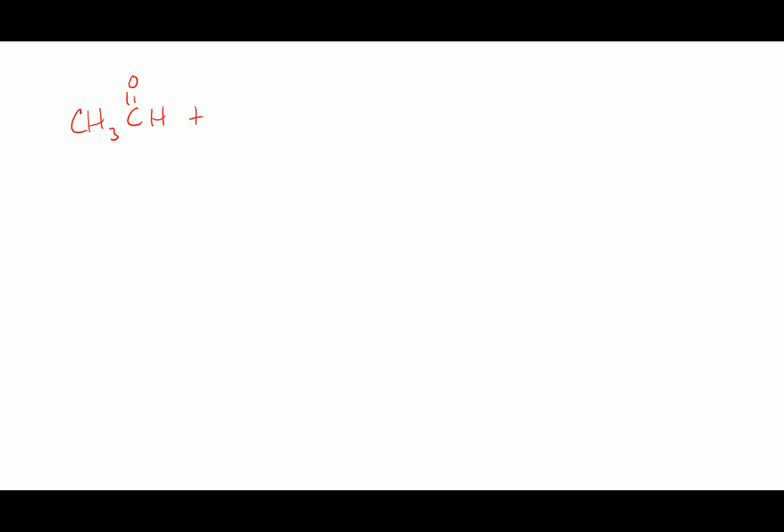I'm going to react this aldehyde with sodium borohydride, then H plus, H2O. I ask you, what's the product of this reaction, which I could ask you on Thursday. I could say, write the product of this reaction. What is sodium borohydride? It is a source of H minus. What's that H minus going to do? Come in and attack the carbonyl. What am I going to make? An O minus.